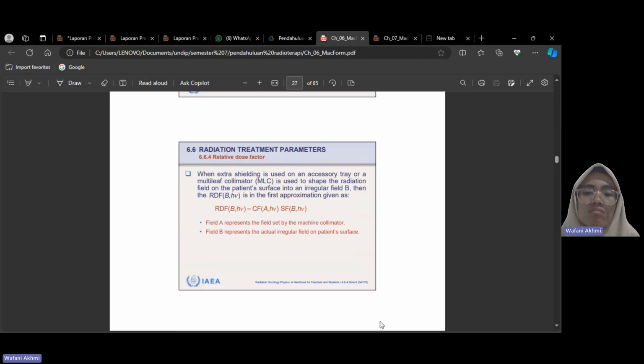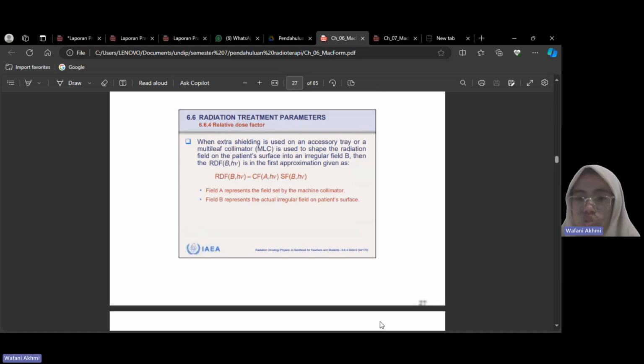When an extra shield on an accessory tray or a multi-leaf collimator is used to shape the radiation field on the patient surface into an irregular field P, then the RDF is in first approximation given as RDF equal to CF multiplied by SF. Field A represents the field of the machine collimator, and field B represents the actual irregular field on the patient surface.